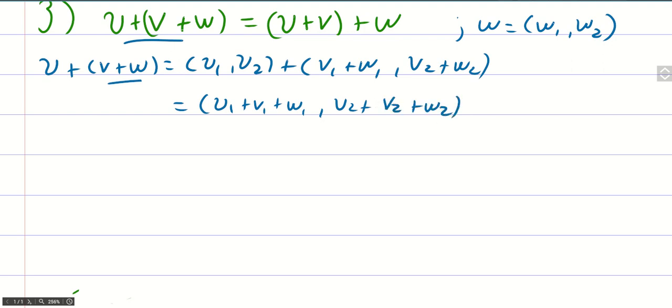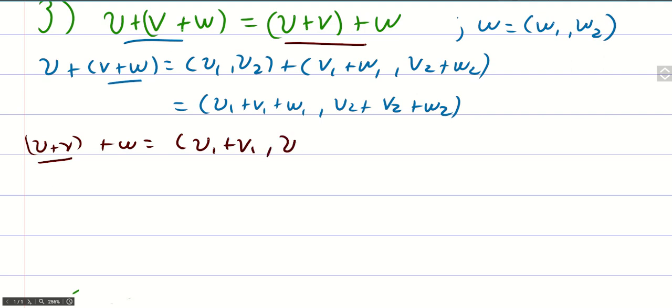And then let's see what happens with the right hand side. So (u plus v) plus w. The sum of these two vectors is (u1 plus v1, u2 plus v2), plus (w1, w2).